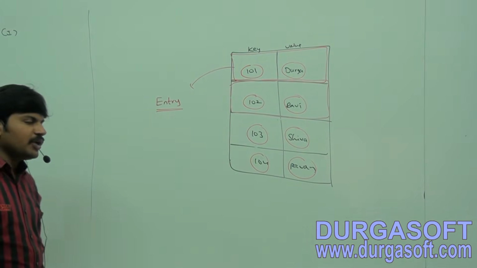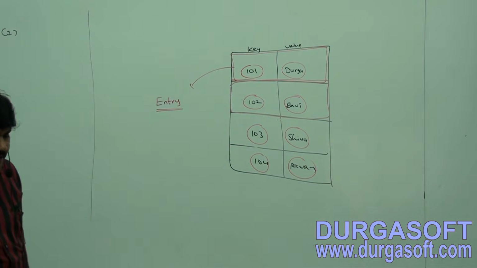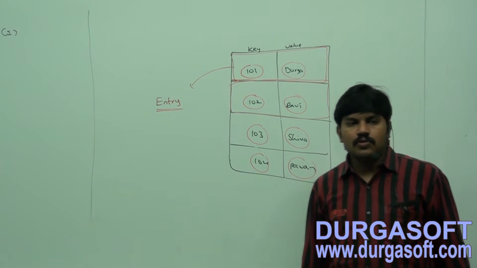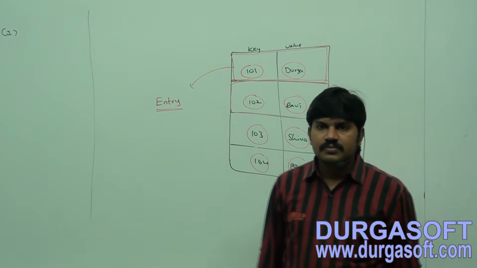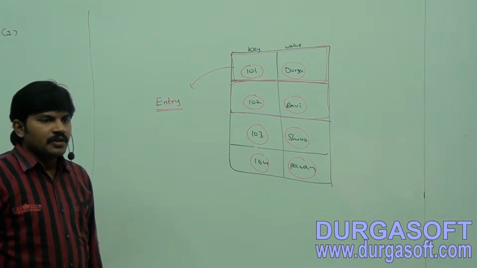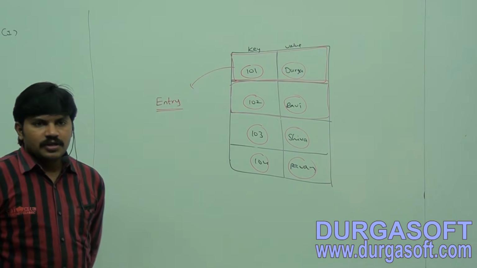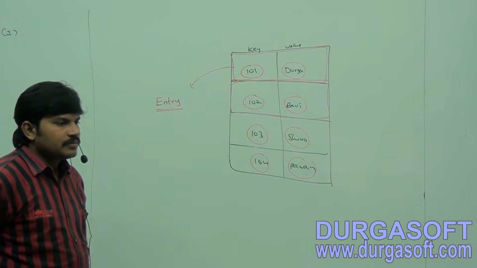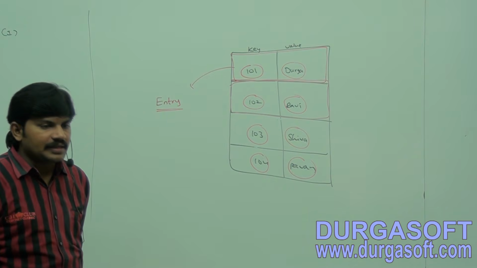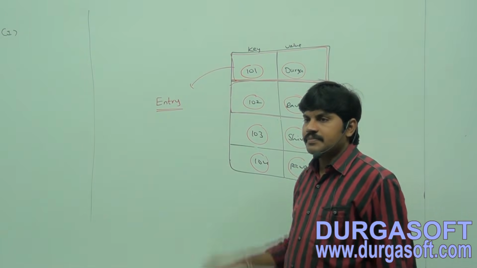Duplicate keys are not allowed, but values can be duplicated. Next, each key value pair is called an entry. Better to underline that. Each key value pair is called an entry.